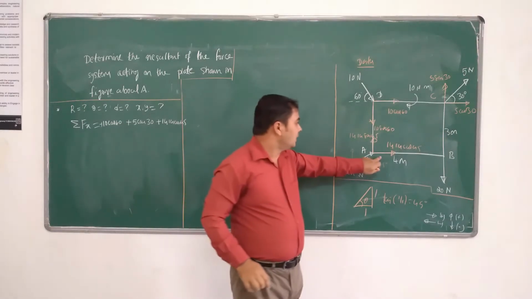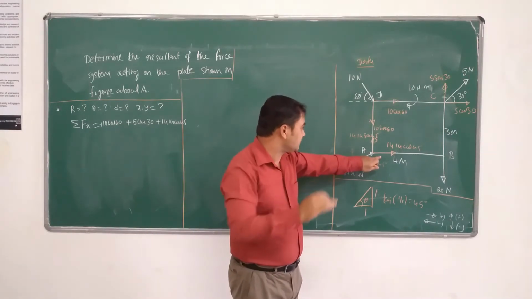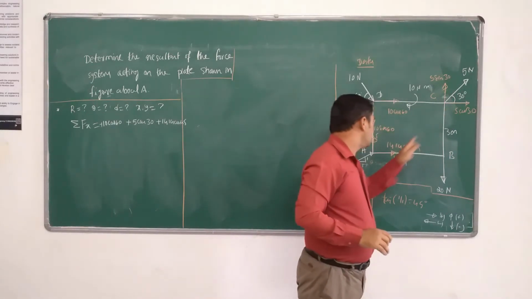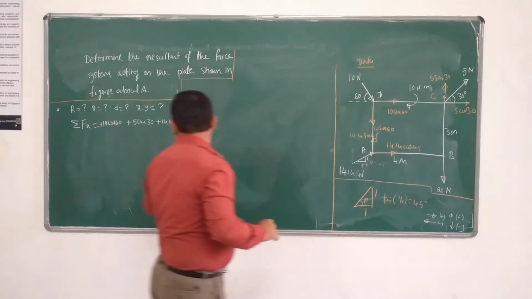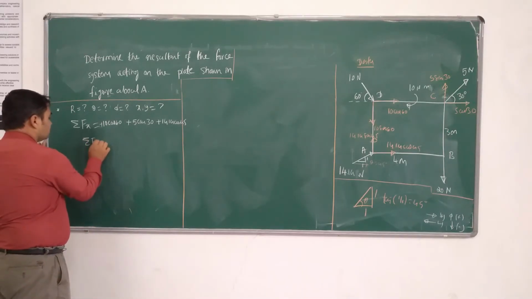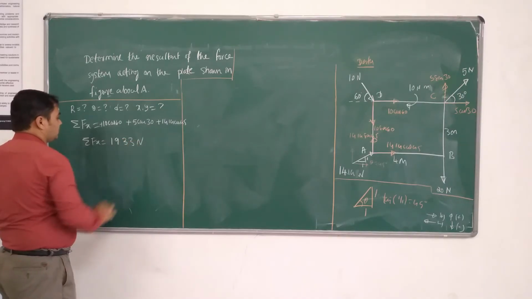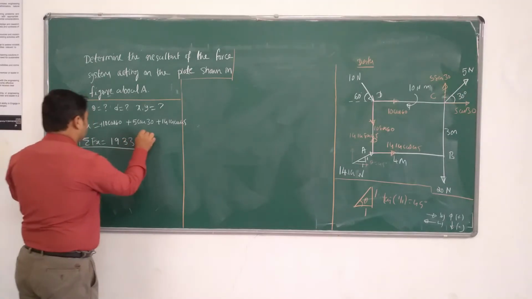Any other forces? No, there are no other forces which act along the x direction. So we have considered all the three forces. Therefore the sigma fx value works out to be 19.33 Newton.